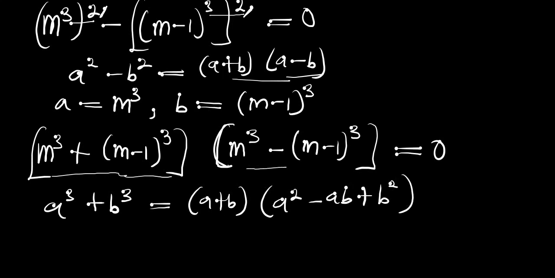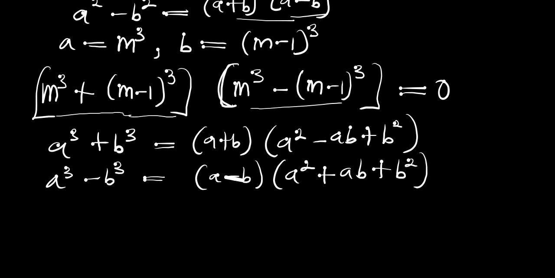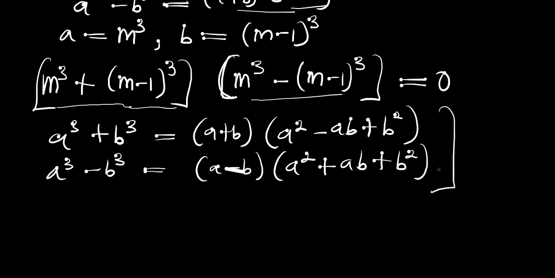Then this other one here is in the form of a power 3 minus b power 3, which equals (a minus b) times (a squared plus ab plus b squared). So we are going to apply these two identities right here. Where we have this one, we are going to apply the first one, and when we have this other one, we are going to apply the second identity.